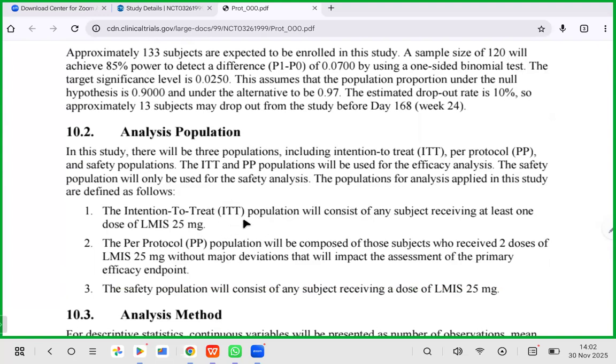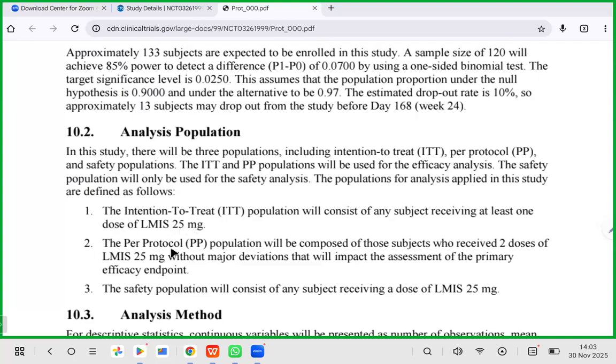Here there are two kinds of population. One is intent to treat. Intent to treat means the population consists of any subject receiving at least one dose of the drug. So we will analyze the data for the participants who receive at least one dose of the drug.